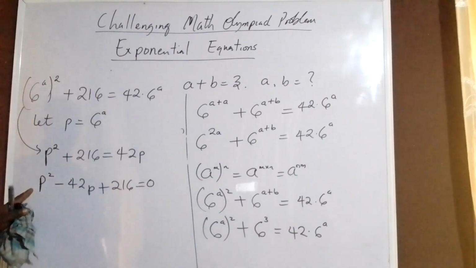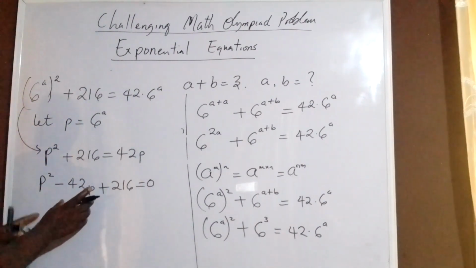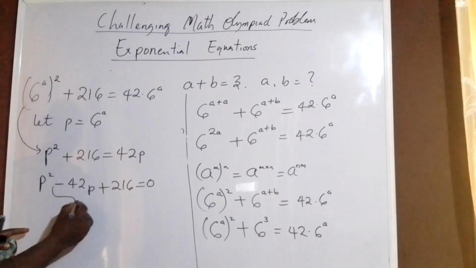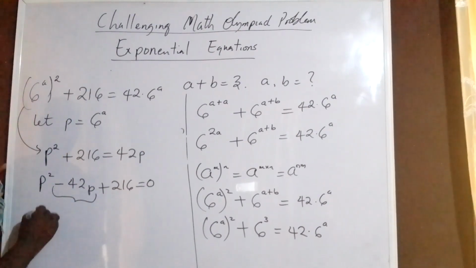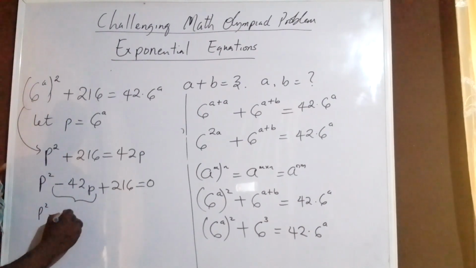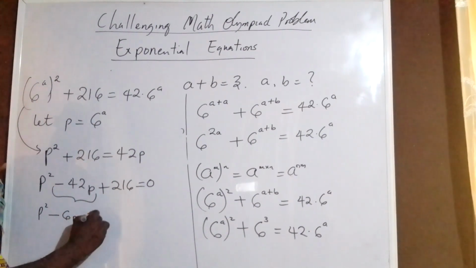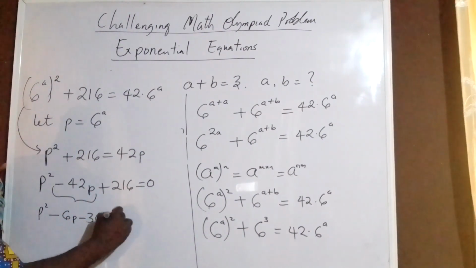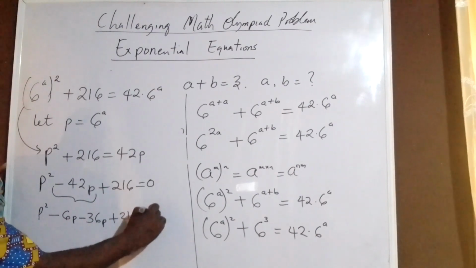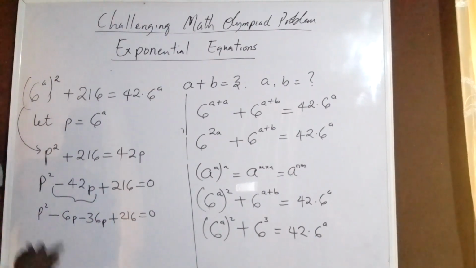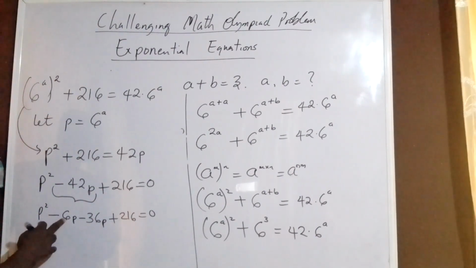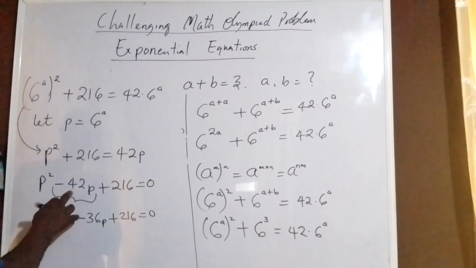And then, of course, I'm going to factorize the middle term by simply saying P squared minus 6P minus 36P plus 216 will give me 0, because you know that minus 6 minus 36 will give us minus 42.